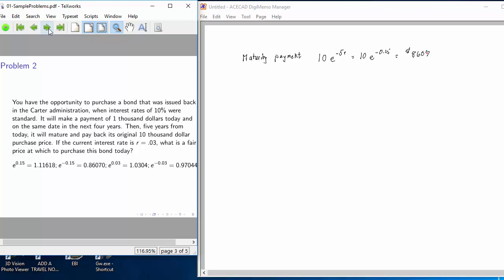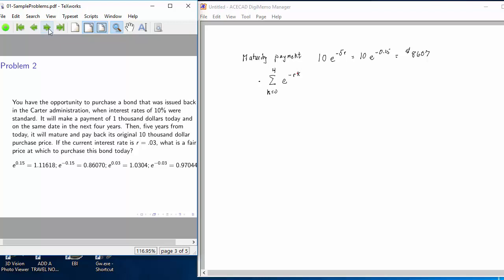For the interest rate payments, each one is $1,000, and we have 5 of them. So for k equals 0, 1, 2, 3, and 4, we are going to have to discount by a factor of e to the minus rk.